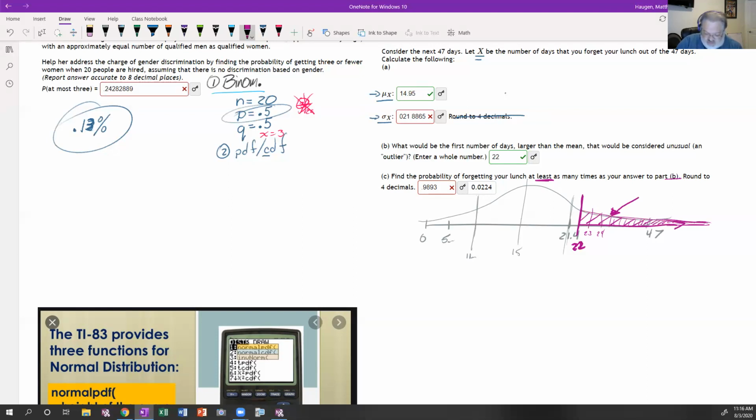And notice in preparation for chapter 7, we kind of highlight this area here. When we find the probability of being in that range, we are actually finding the physical area under that curve. This curve is a special type of curve.